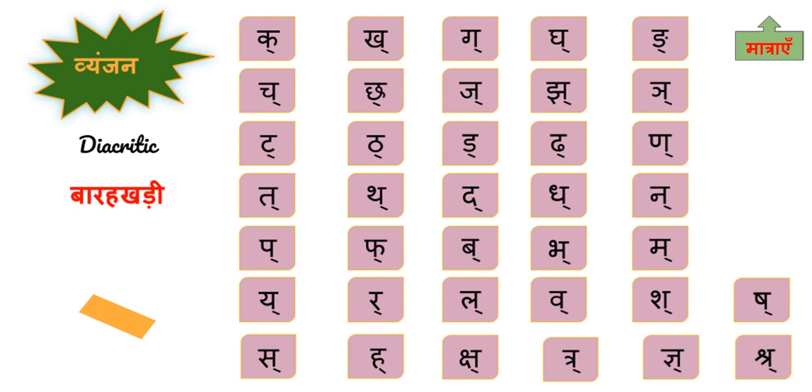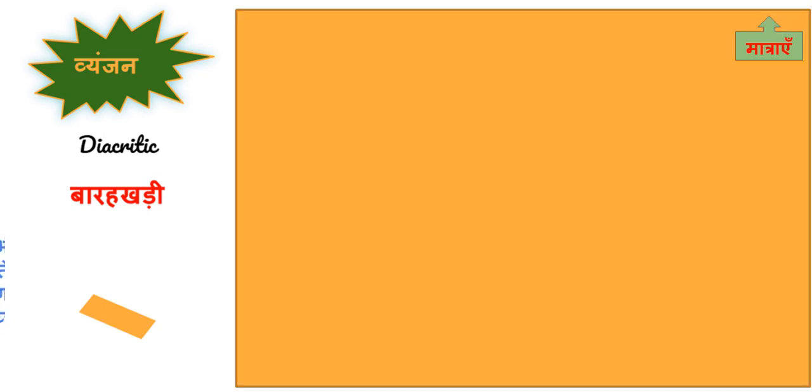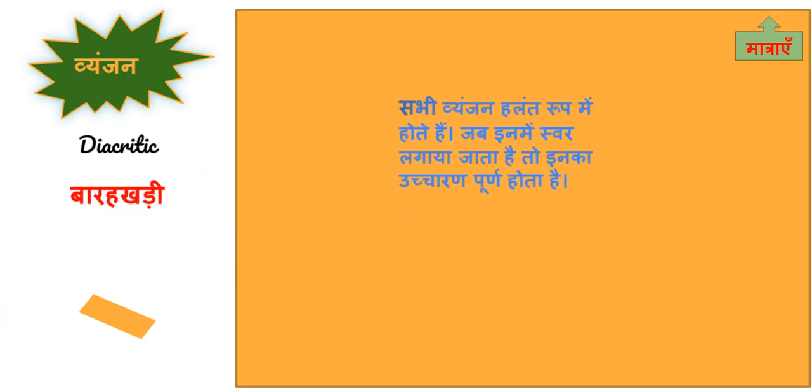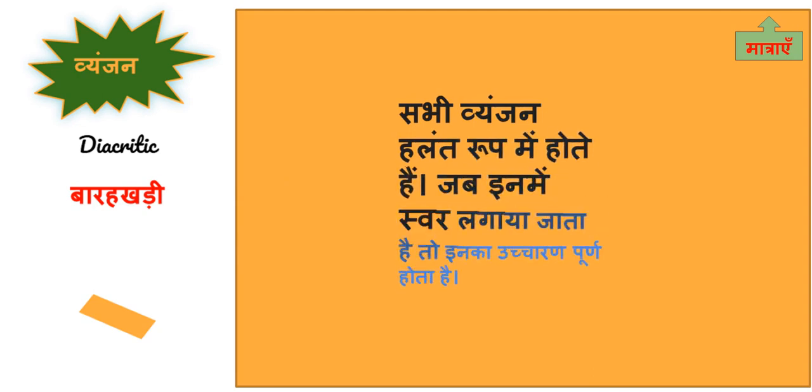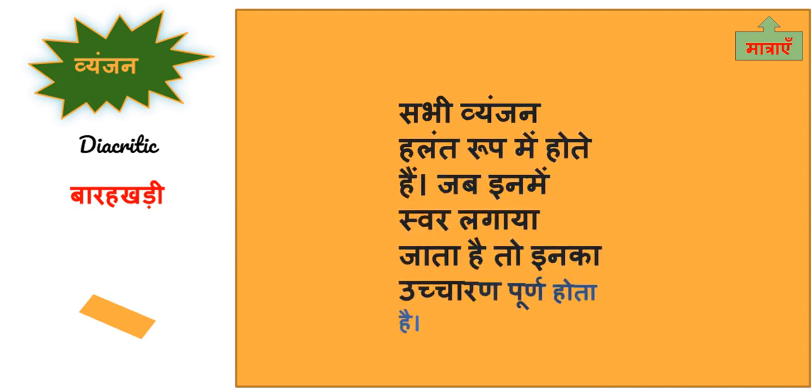व्यंजन. व्यंजन are the consonants in Hindi. सभी व्यंजन हलंत रूप में होते हैं. जब इनमें स्वर लगाया जाता है तो इनका उच्चारण पूर्ण होता है.